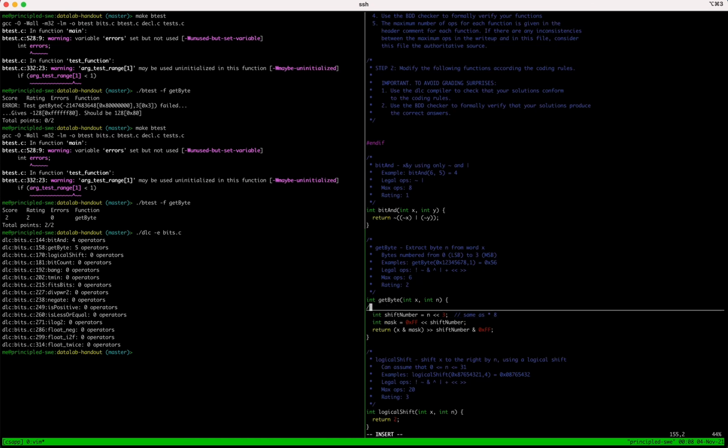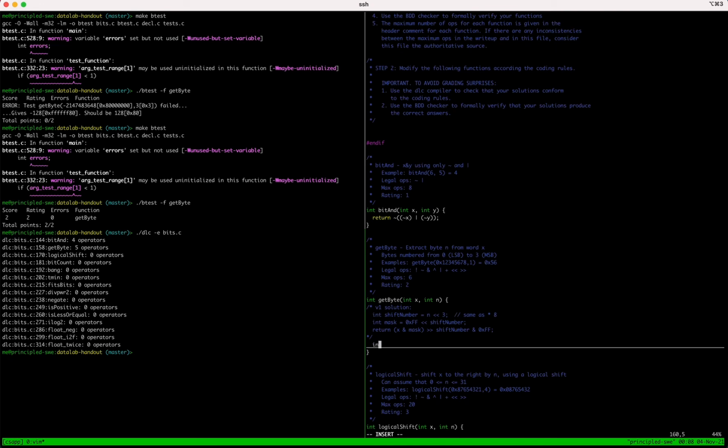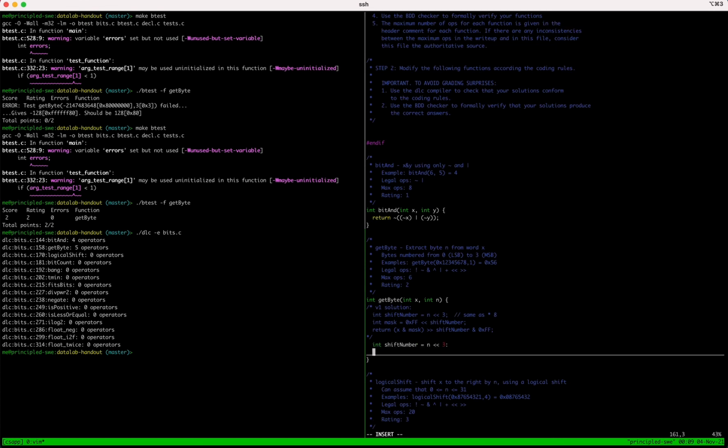Let me comment out this part as the V1 solution. Okay, now V2. We have the same shift number as n left shift 3, and then we return. We do the shift on the x and then apply the mask. Will this work? Let's see.